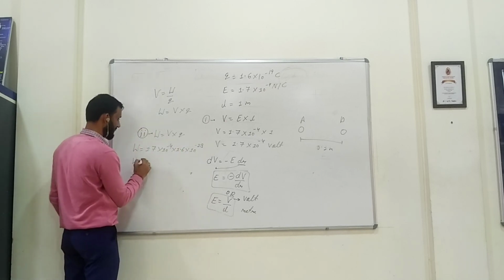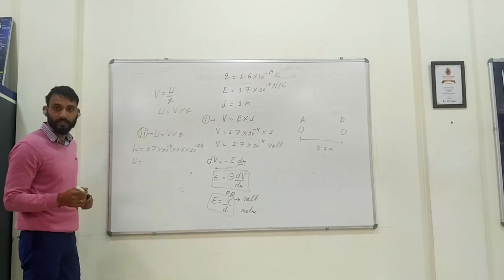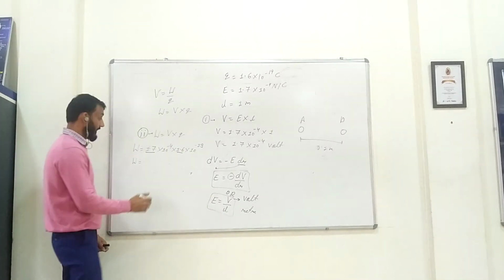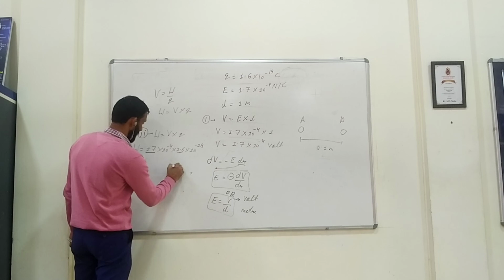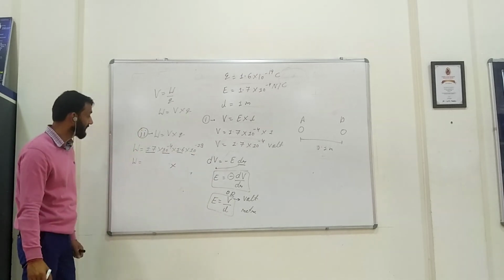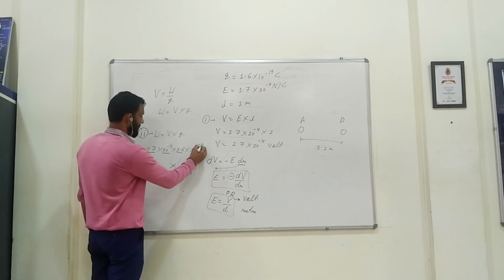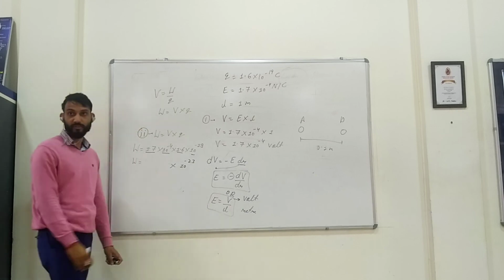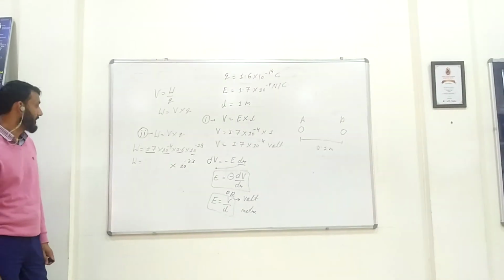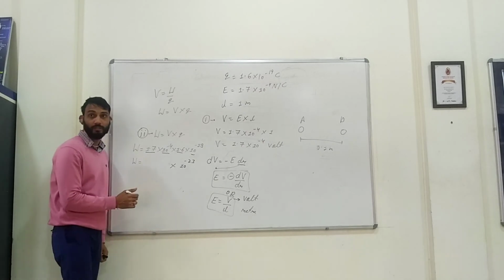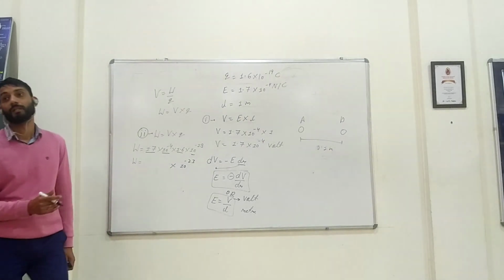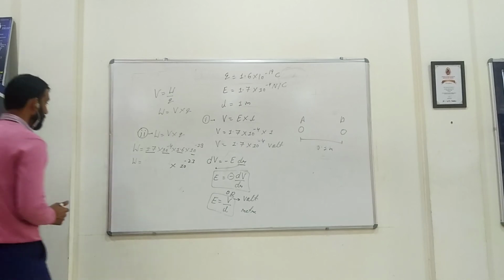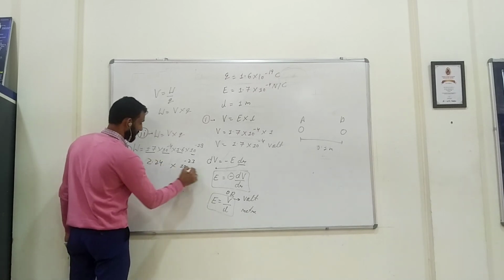W is equal to 1.7 into 1.6, multiplied, and then 10 to the power minus 4 and 10 to the power minus 19, which becomes 10 to the power minus 23. And 1.7 into 1.6 is 2.72. That would be 2.72 into 10 to the power minus 23 joule.